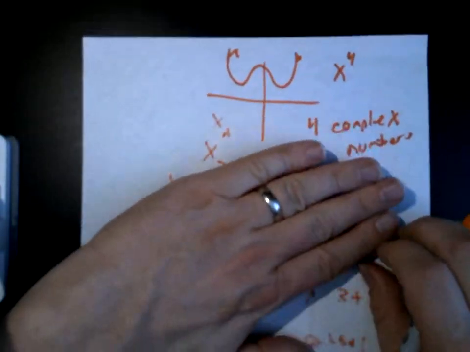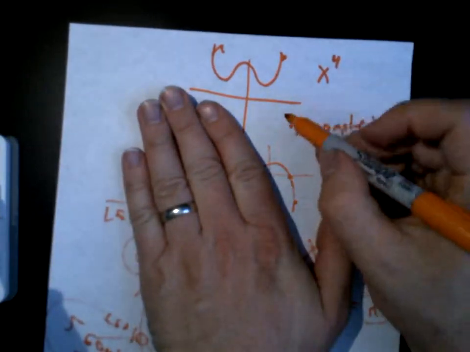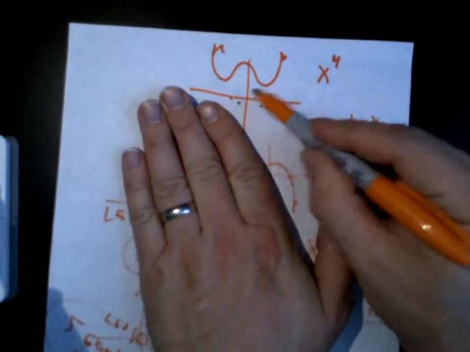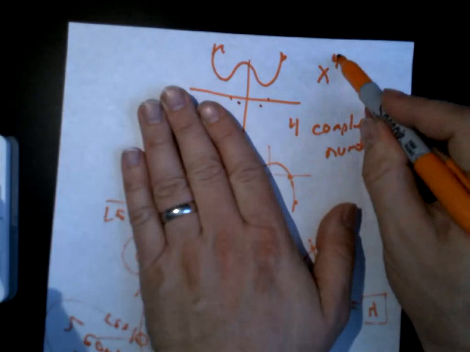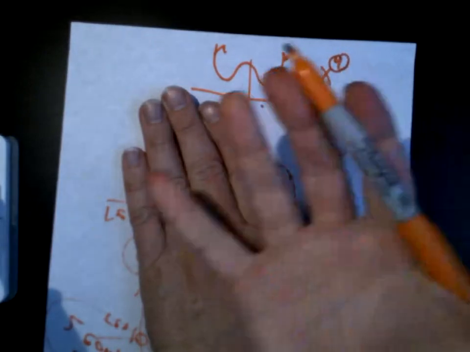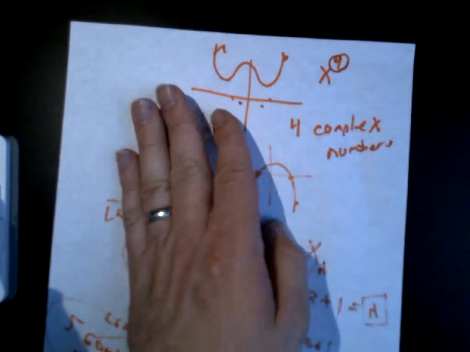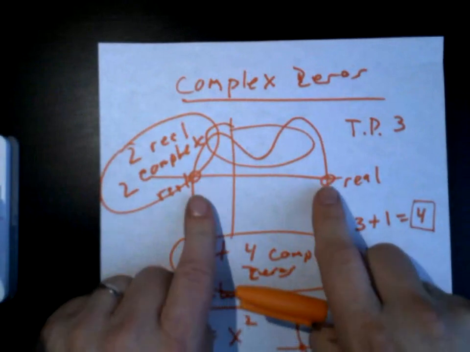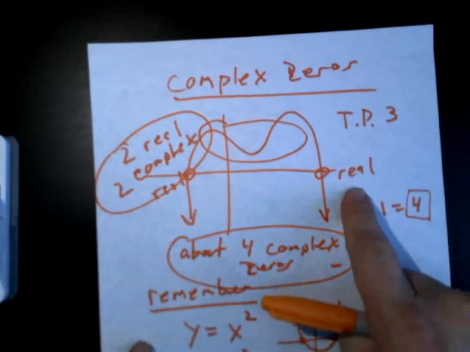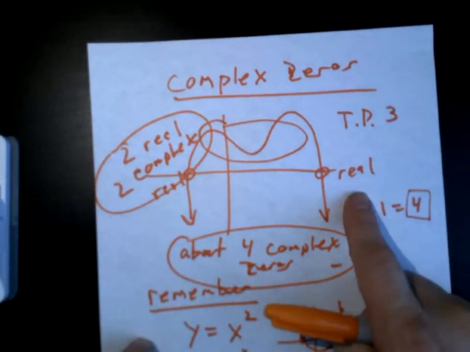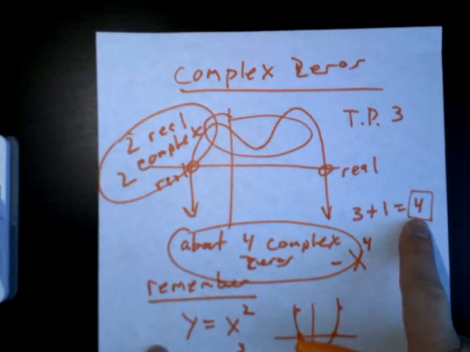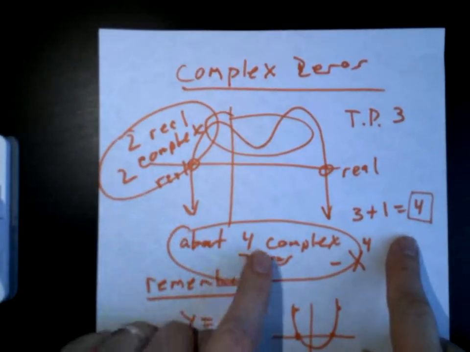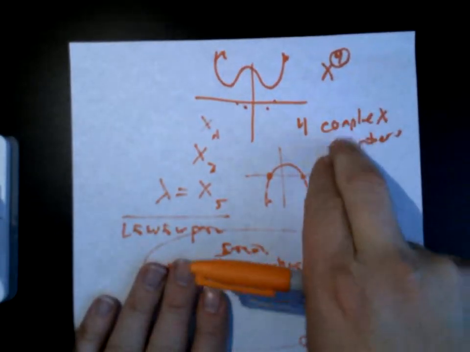If I go the other way, without touching the x-axis, I have 4 complex numbers. I mean, you have to. That's the idea of complex zeros: you have to hit the x-axis to get a real. But if you have a graph that has degree 4, there could be 4 complex zeros.